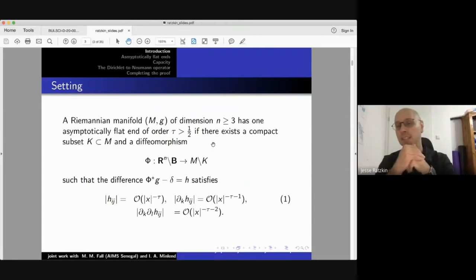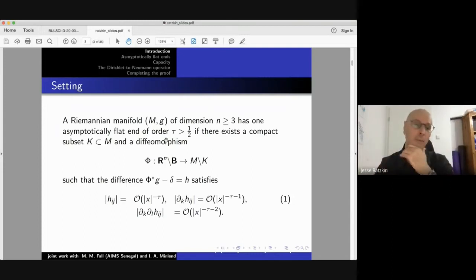Okay, so to begin, a Riemannian manifold of dimension at least 3 has an asymptotically flat end if you can parameterize the complement of a compact set by the complement of a ball in Euclidean space.